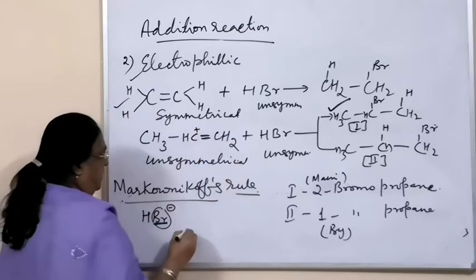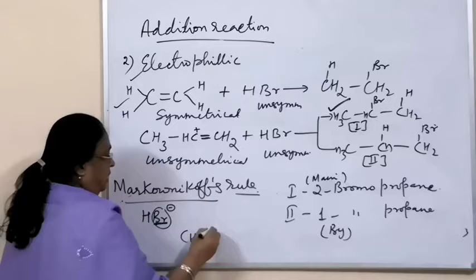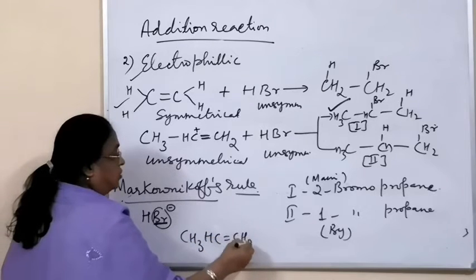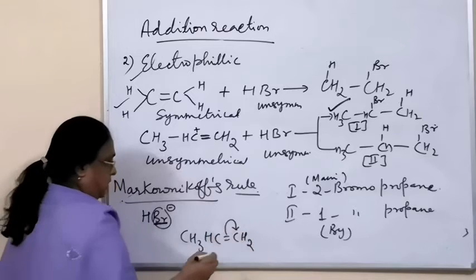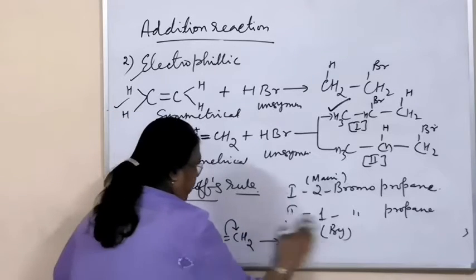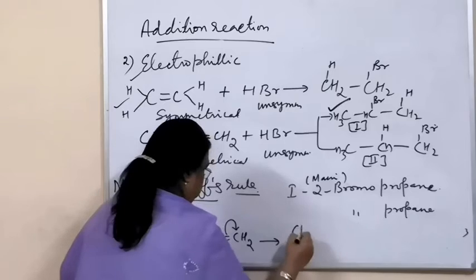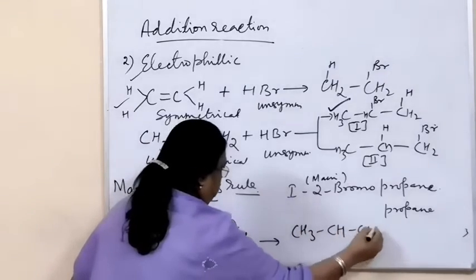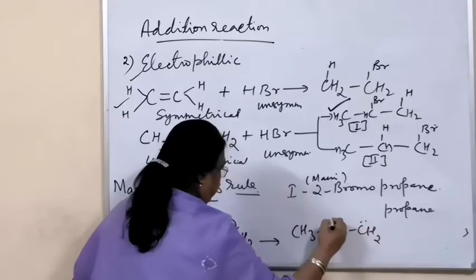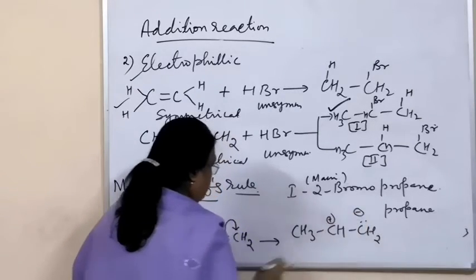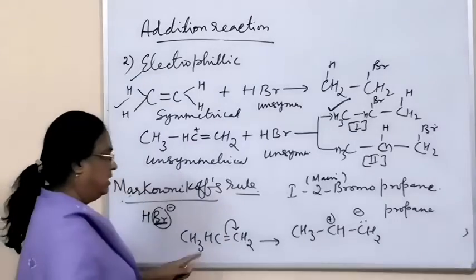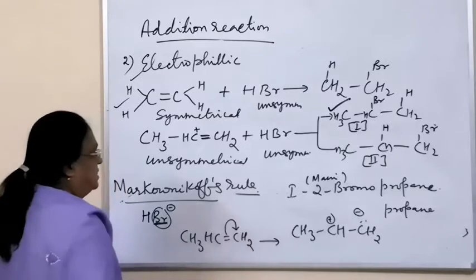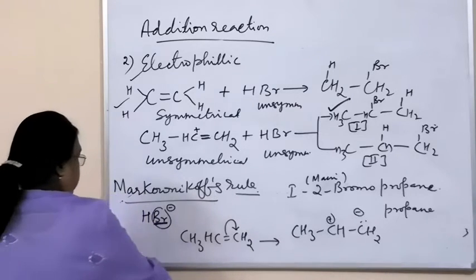Okay, so how will the mechanism be carried on? HC double bond CH2, so the bond will break like this, electromeric effect, and we will have CH3 CH single bond CH2 with a lone pair, positive, and here will be the negative.